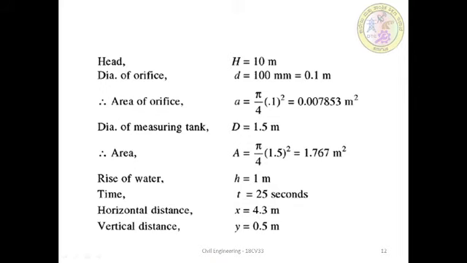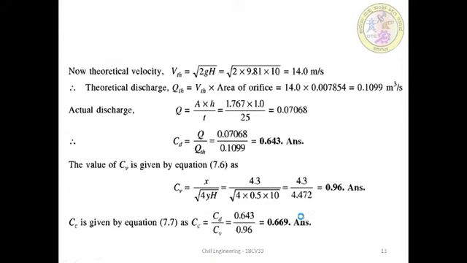Here the horizontal distance is given as x equal to 4.3 meter and the vertical distance y equal to 0.5 meter. Based on that, we can calculate the theoretical velocity as root 2 gh.